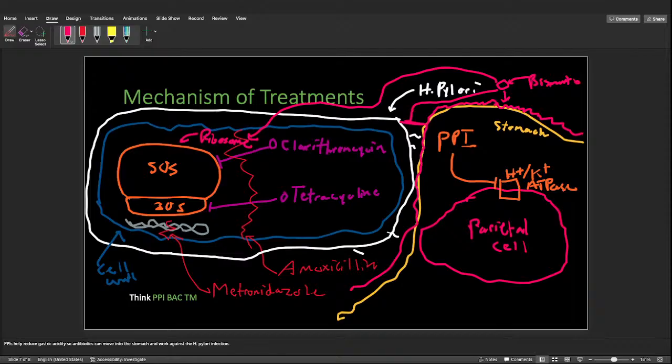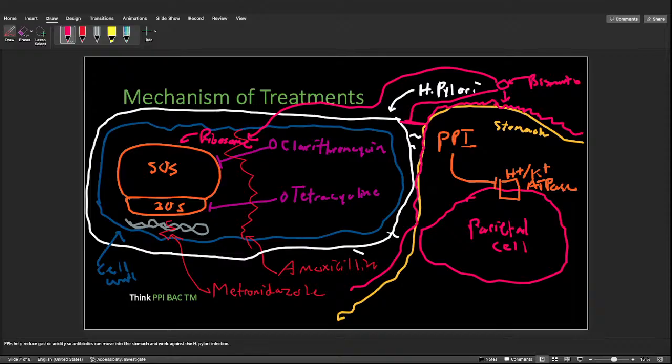And then the other one is tetracycline. Tetra, like 330. It's the 30S. So it's going to work against the protein synthesis that occurs in the 30S ribosome. So inside the H. pylori, you have these ribosome groups where the antibiotics will work.